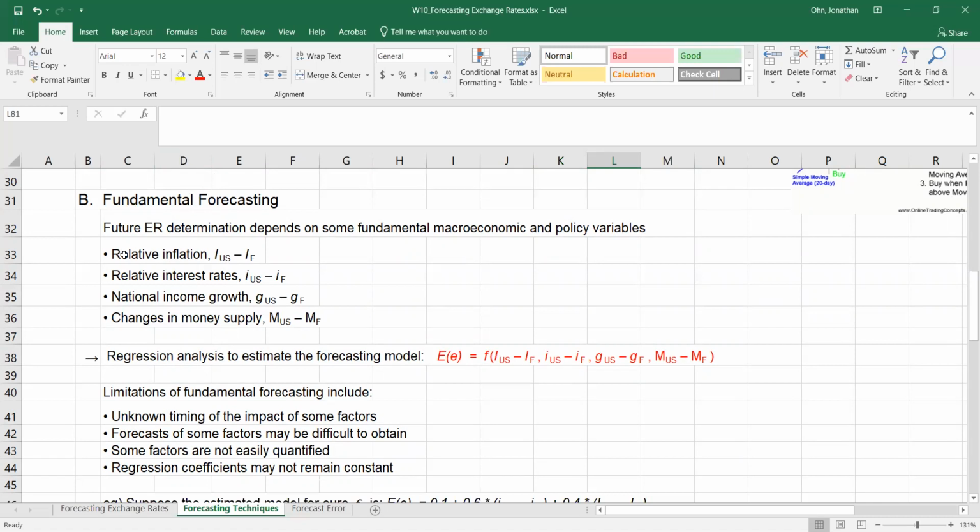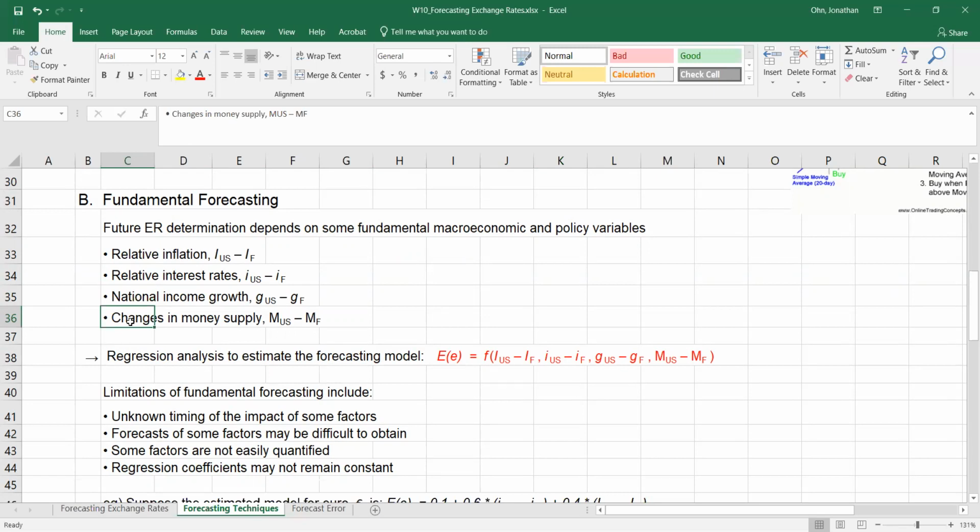The widely used variable is relative inflation, which we know from exchange rate determination in chapter 4. Relative inflation was an important determinant, and relative interest rate is also an important determinant. National income growth and money supply are also important factors.